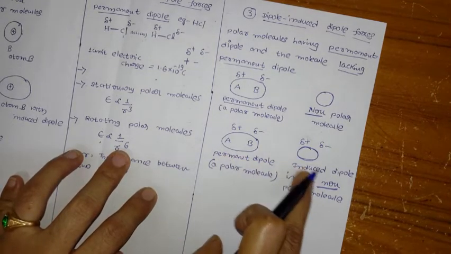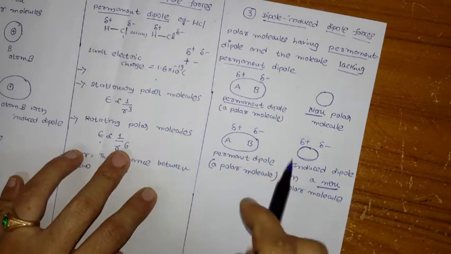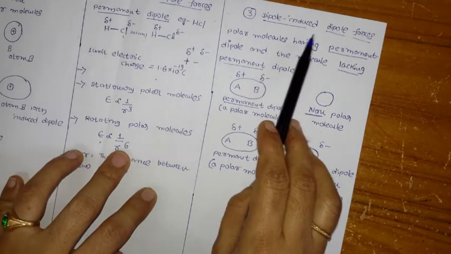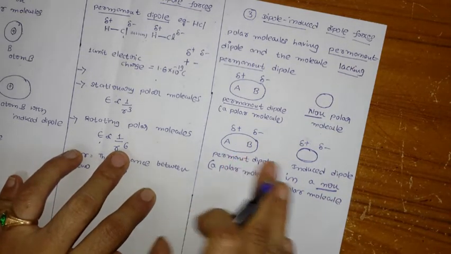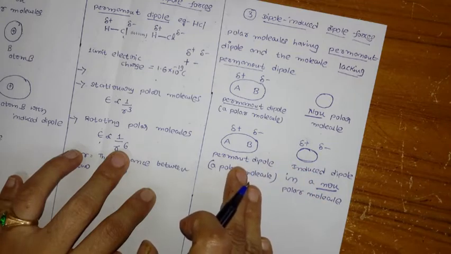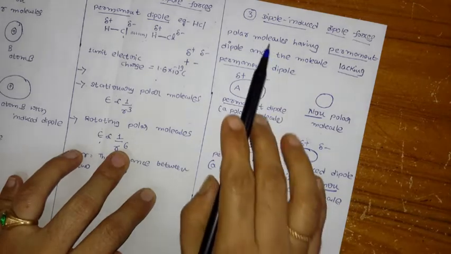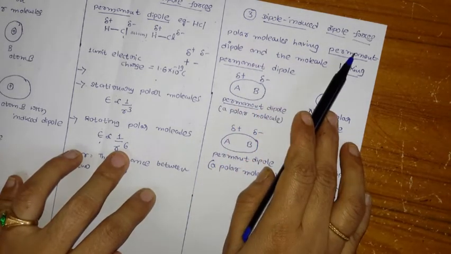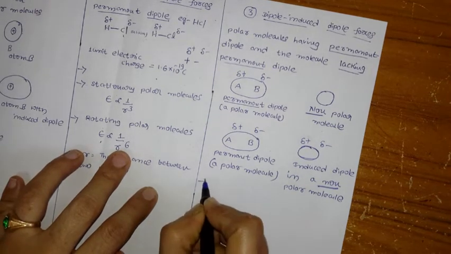The type of interaction present between these two molecules is called dipole induced dipole forces. That means the non-polar molecule is induced by the permanent dipole to get poles. That's what is called dipole induced dipole forces.